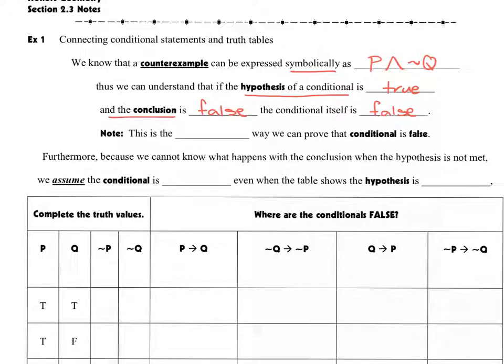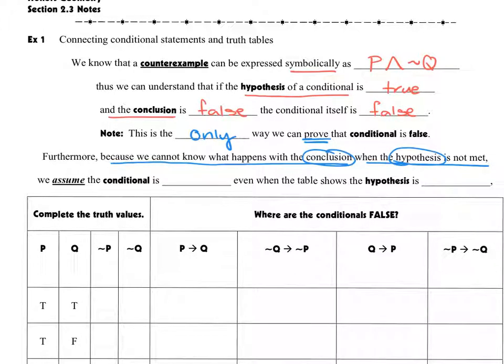What I'm not sure if I mentioned in the video last night is that this is in fact the only way that we can prove that a conditional is false. It's the only way we can find that hole to sink the boat and find a single example that proves it false. The reason why it's our only way is because we cannot know what happens with the conclusion even when the hypothesis is not met.